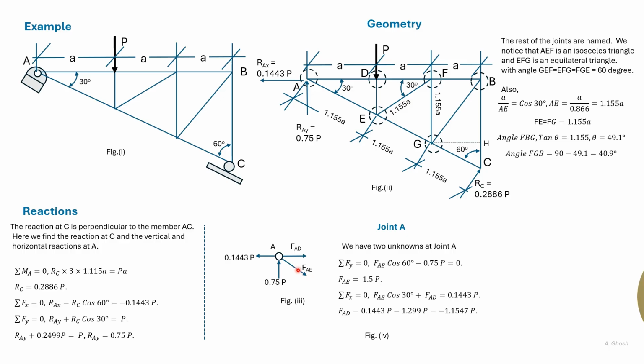And FAE cos 30 plus FAD is equal to RAX, from which we can get FAD. Redrawing the forces on the joint A, we see that FAD acts towards the joint A.